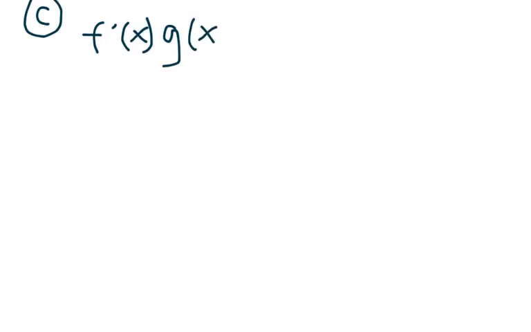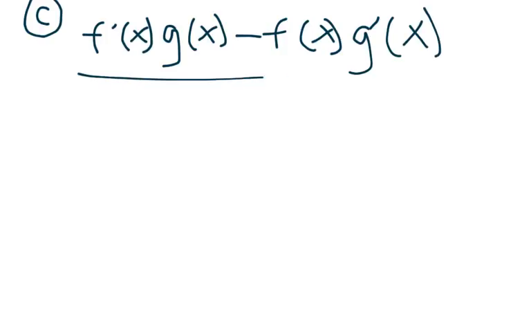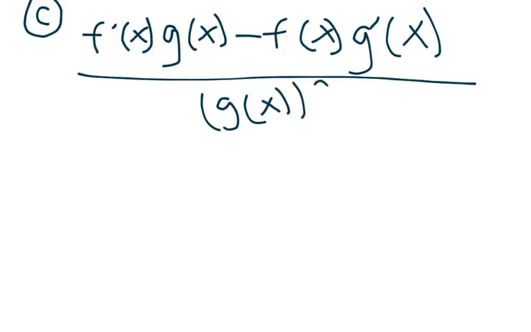Okay, so for part C, we're going to do the quotient rule. The quotient rule is f prime of x times g of x minus f of x times g prime of x, all divided by g of x squared.